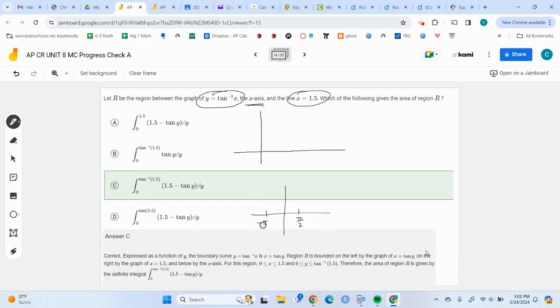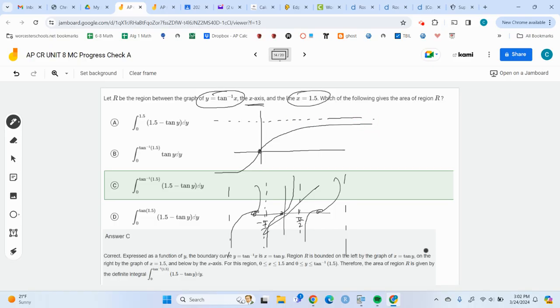Tangent going from negative pi over 2 to pi over 2. Remember, tangent just repeats this same shape over and over again with more and more vertical asymptotes. So the inverse of that is a reflection over the line y equals x. So tangent inverse of x actually looks like this, and it has a horizontal asymptote now at pi over 2.